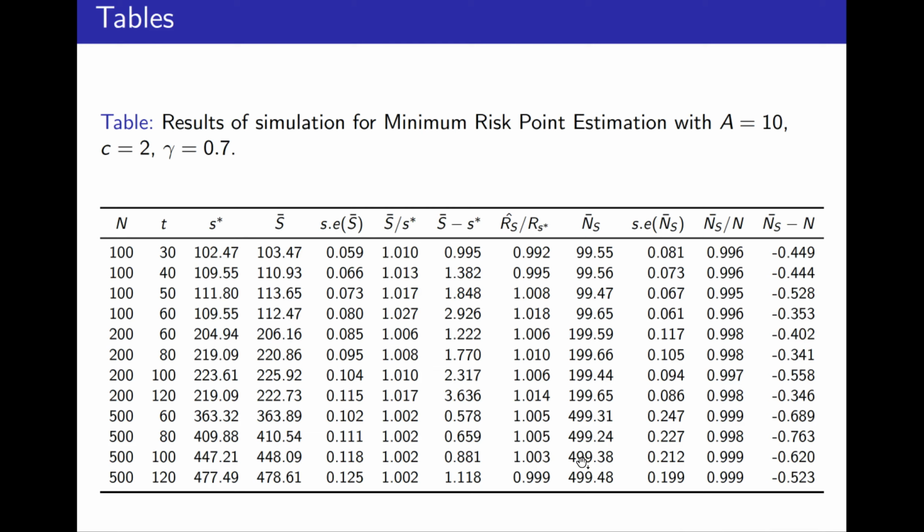Let us go through some quick simulations. Here is the result of the minimum risk point estimation. Here we have different values of n, and then different values of tagged items, and then we have S star, then S bar, and our estimated population size turns out to be very good.